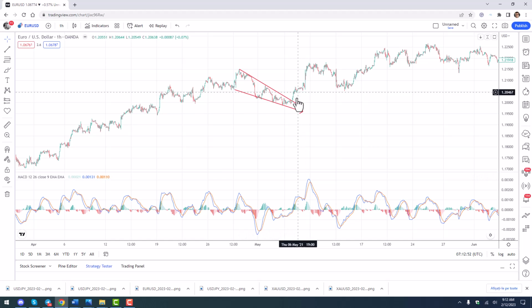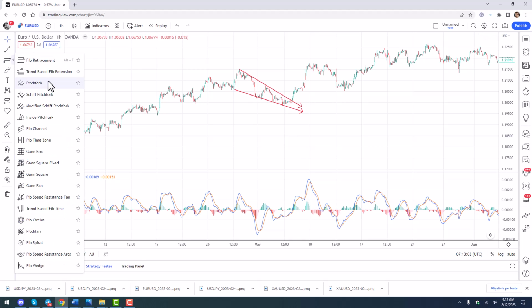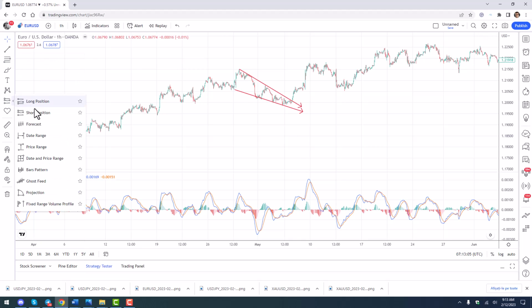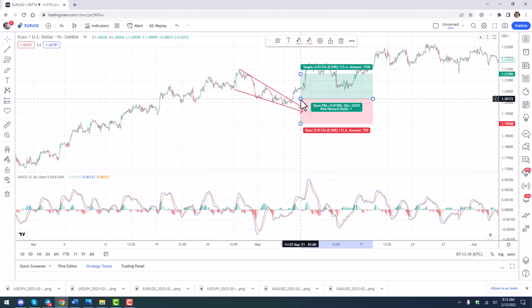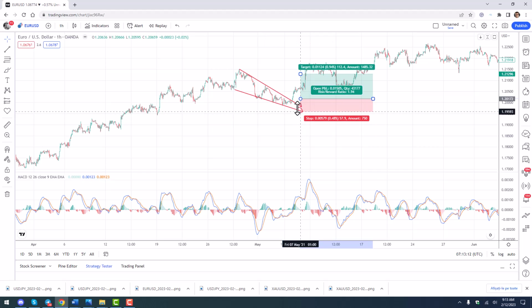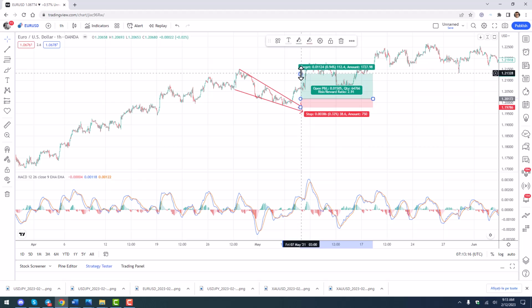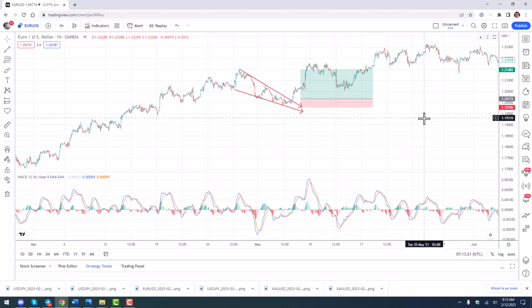So in this case, as always, price gives us the signal, so we have the break above the level of resistance, the falling trend line. And in this case, if we buy here, set a stop loss under this low, and targeting this high, we have more than 1 to 3 risk reward.